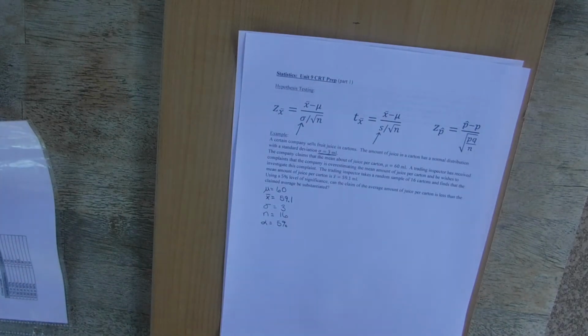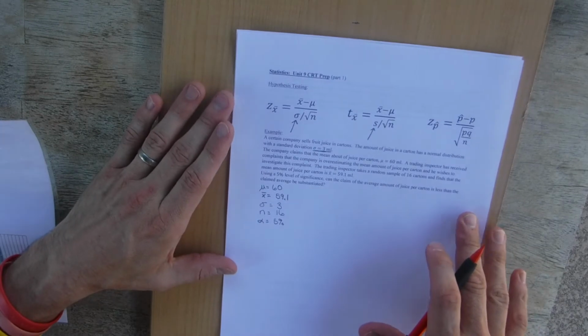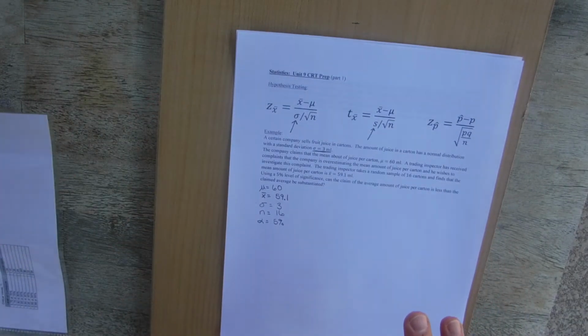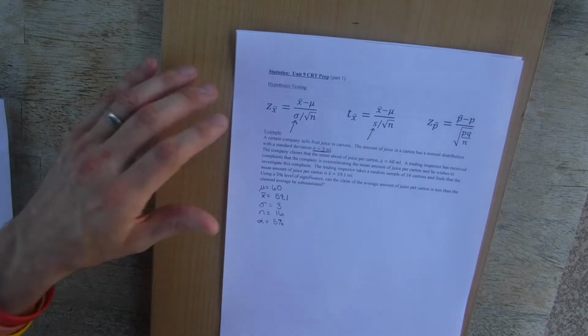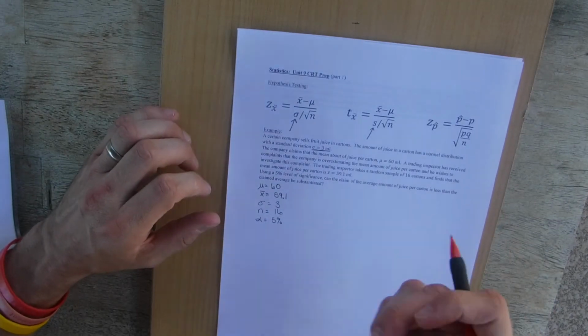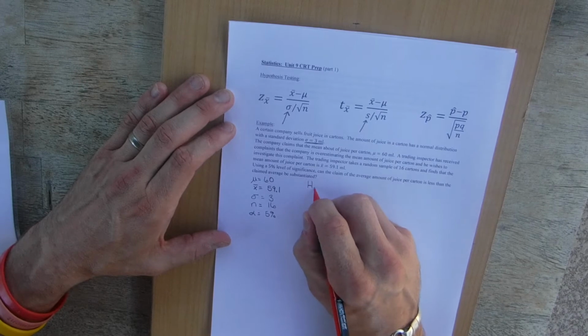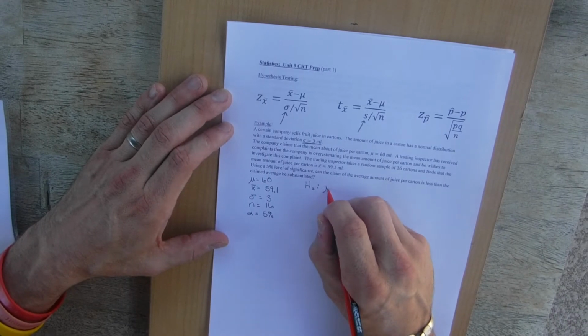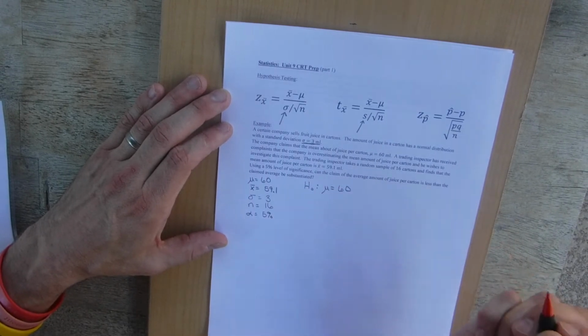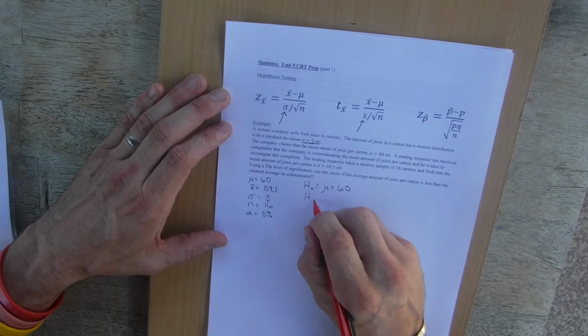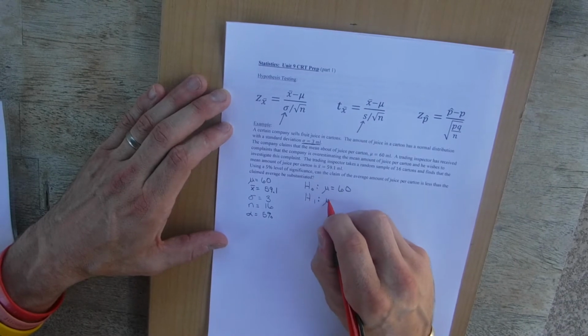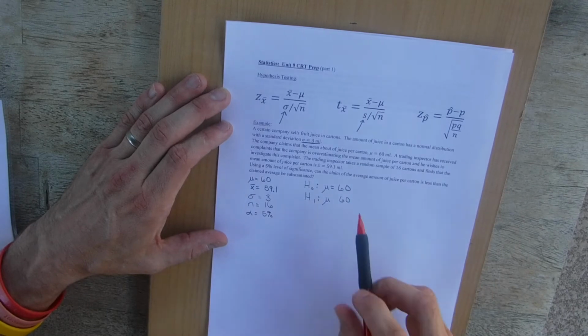How I begin these problems is I write down my hypotheses and the level of significance, and also let myself know if this is a left tail, right tail, things like that. So the null hypothesis is that the average is 60 milliliters. The alternate hypothesis, what is the question asking?